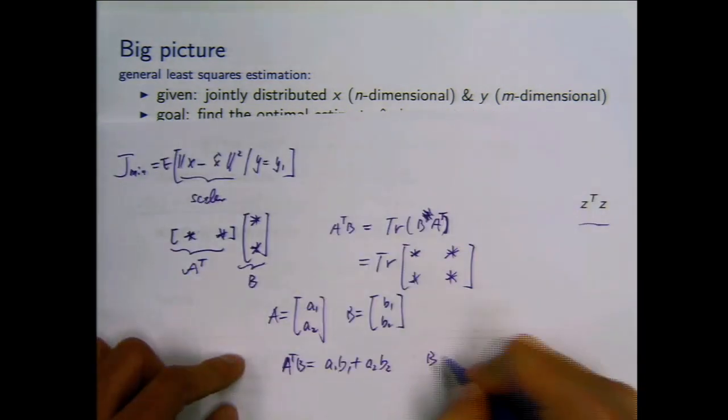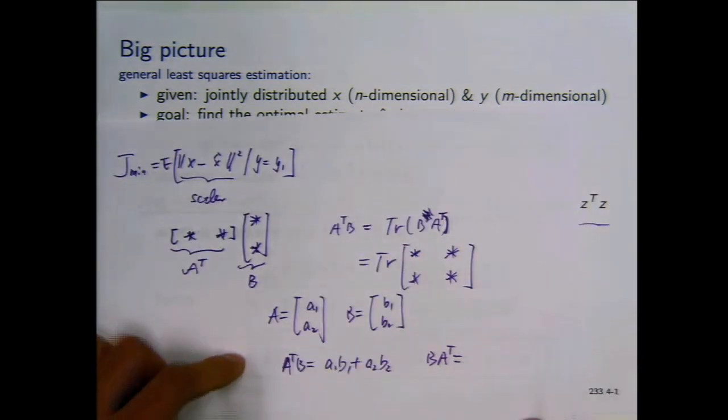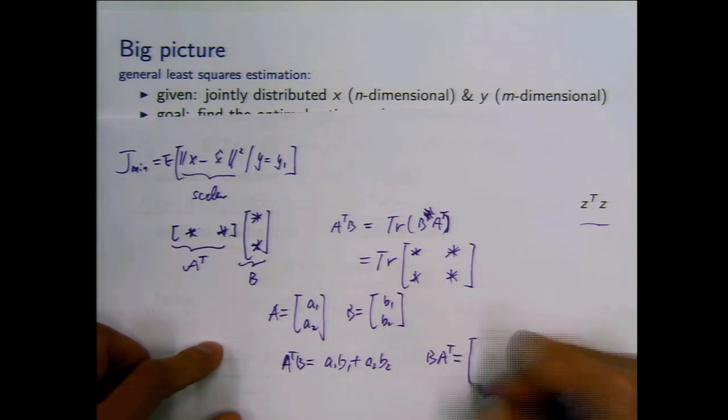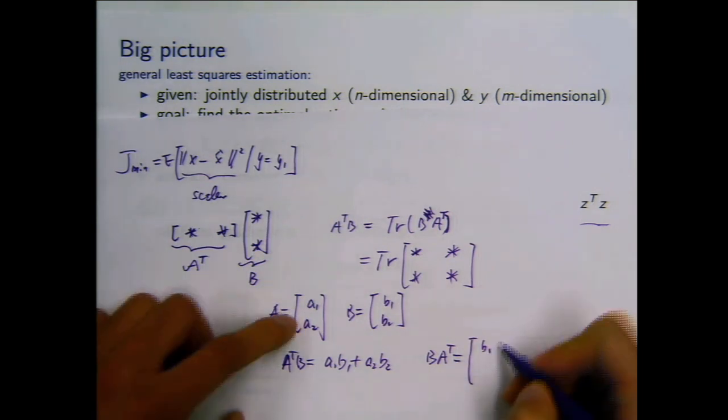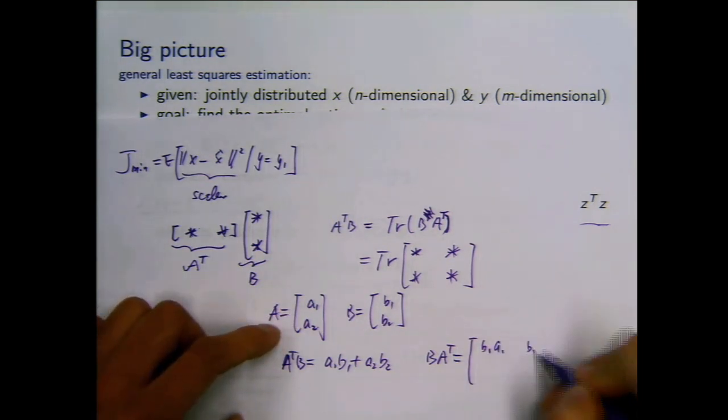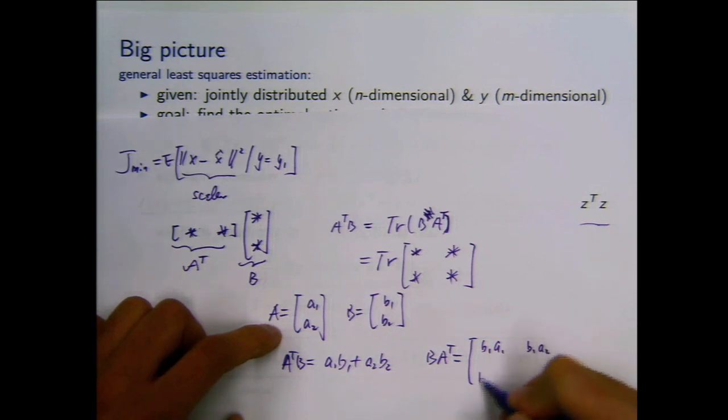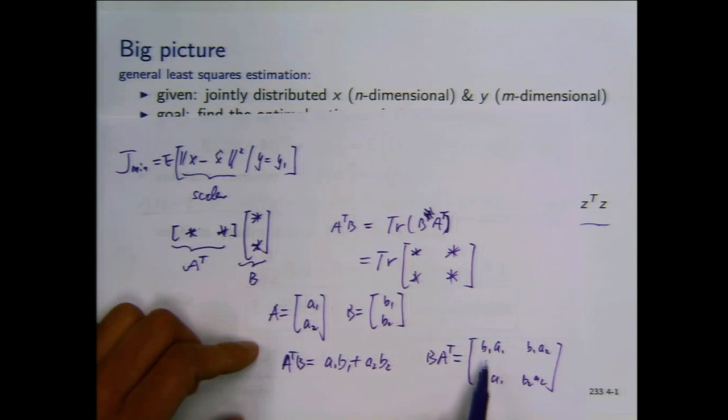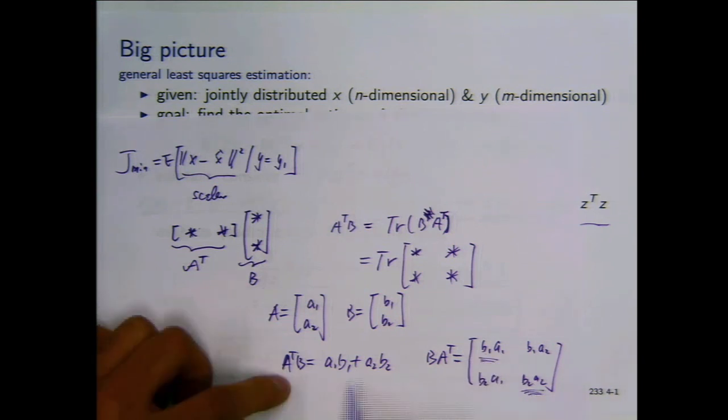Now, B times A transpose equals, as you can see, B1 A1, B1 A2, and then B2 A1, B2 A2. Taking the trace of this matrix is going to be this plus this, which equals this.